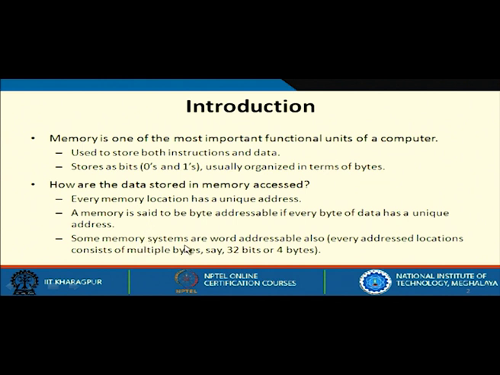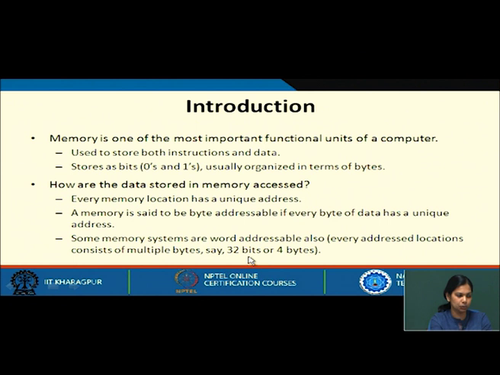Some memory systems are word addressable, and by word addressable we mean that each location consists of multiple bytes, depending on the word size. If one word is 4 bytes, that is 32 bits, then the memory address will change after every 4, that is 0, 4, 8 and so on.